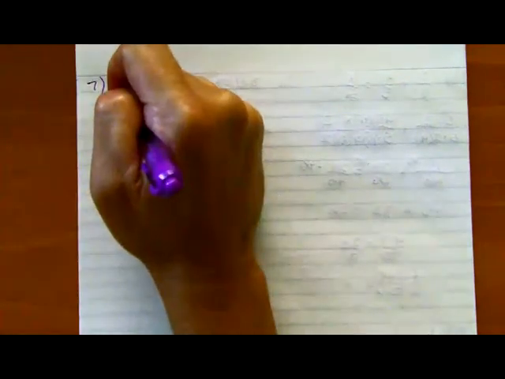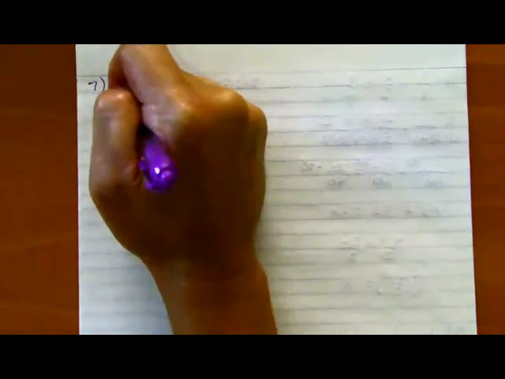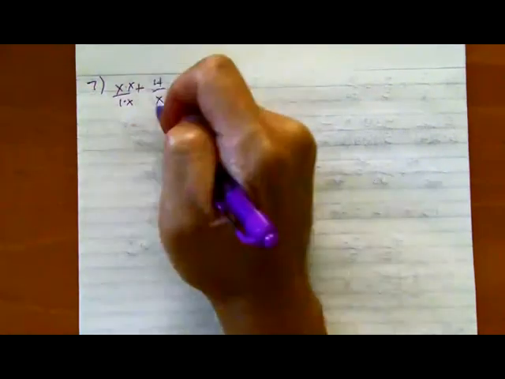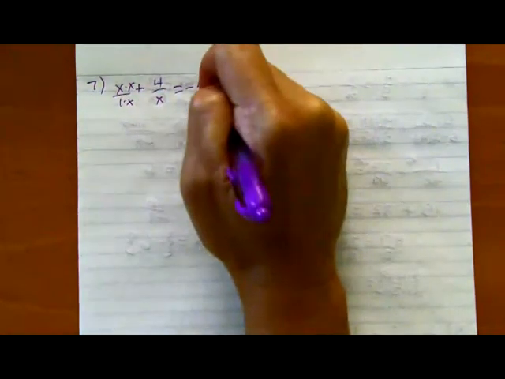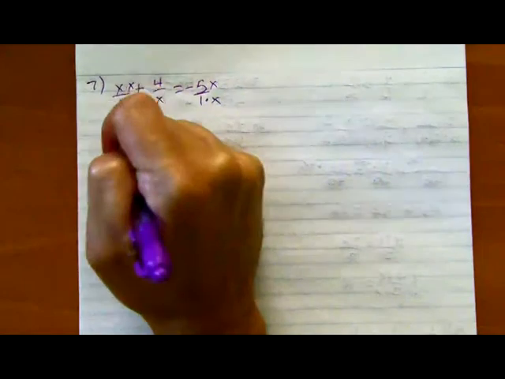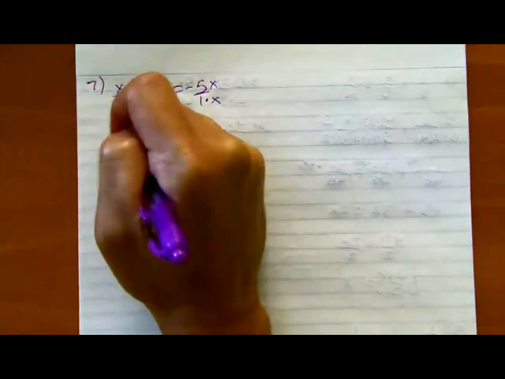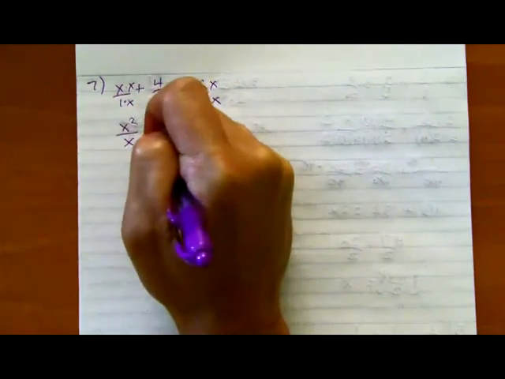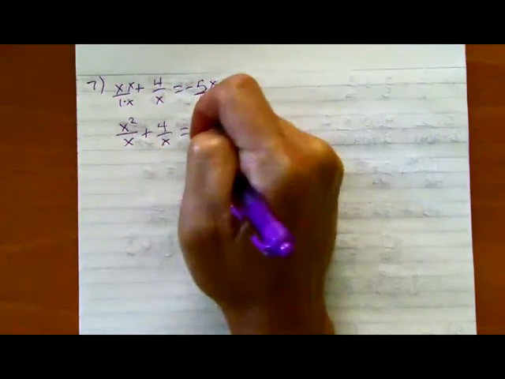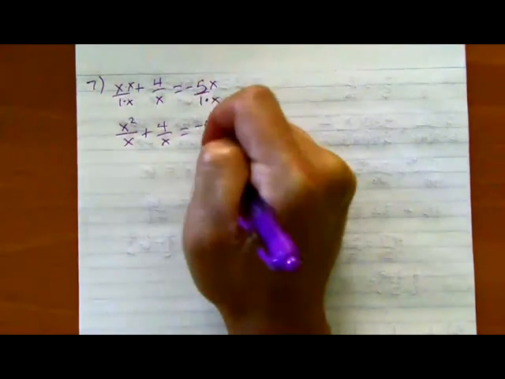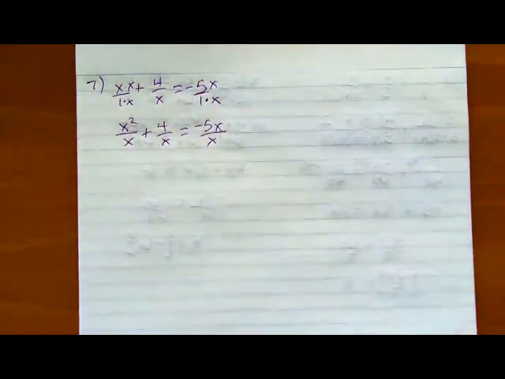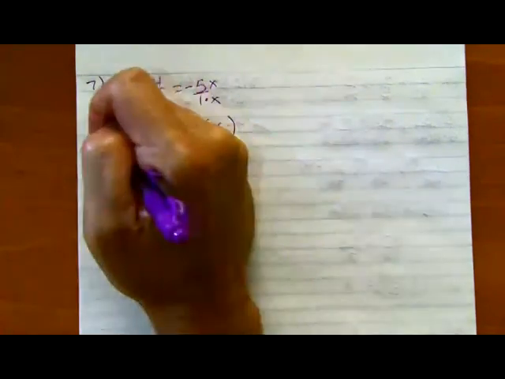I can multiply this one by x, top and bottom. Same with this one. So all of them have a denominator of x. This would be x squared over x plus 4 over x equals -5x over x. Okay, now that the denominators match, if we multiply both sides by x, it'll cancel the denominator.